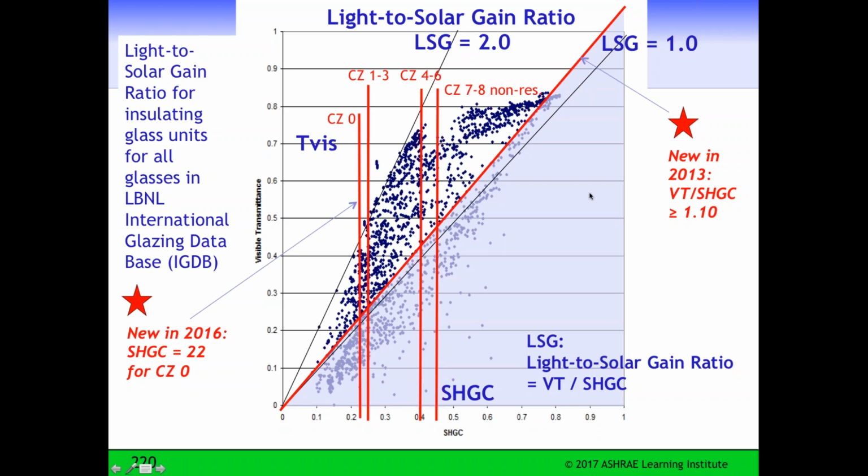You'll notice this gray triangle at the lower right. This is a new requirement that came in 2013. It says that your visible transmittance through the glass must be 1.1 times or over the solar heat gain coefficient.